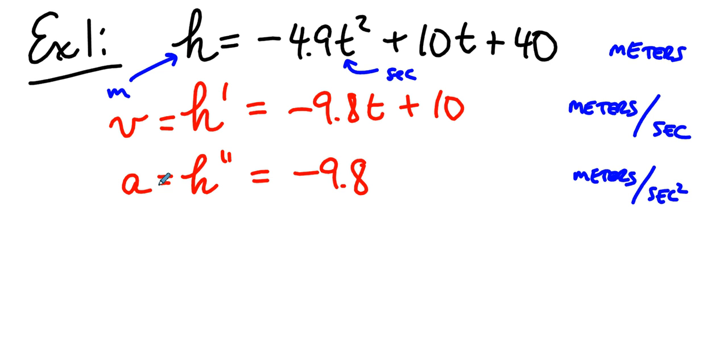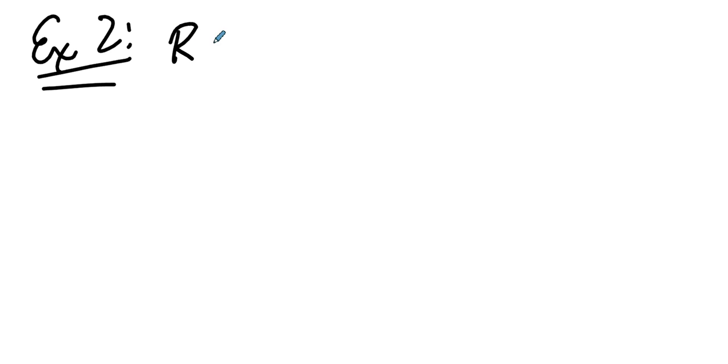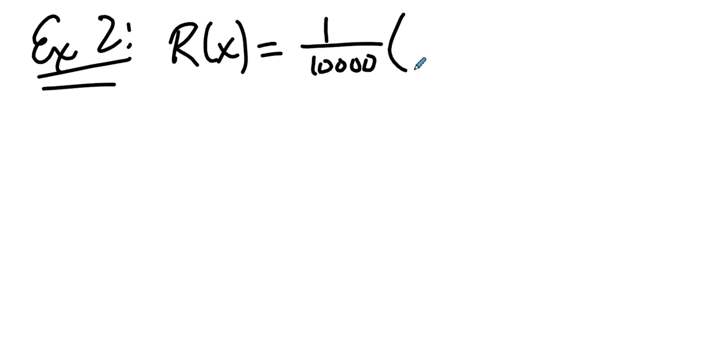Consider the following. Consider a business example. Let's pretend that you have some revenue function, R of x. We're selling some product. So let's see, here we go, 1 over 10,000 times, I don't know, 400 x squared minus x cubed.